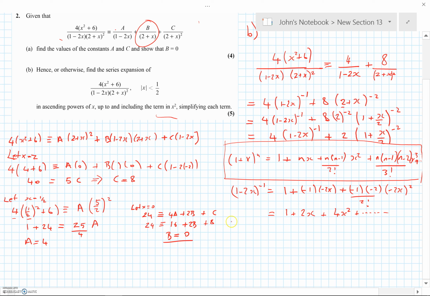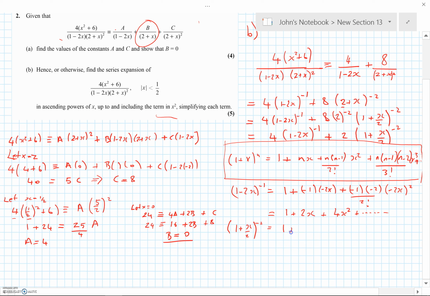And then the (1 plus x over 2) to the power minus 2 using the binomial is 1. And then that's minus 2. Let's not try and make any shortcuts.